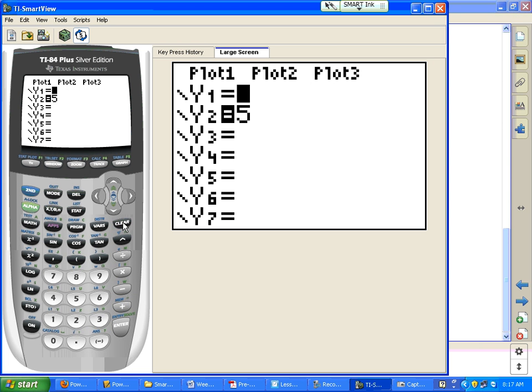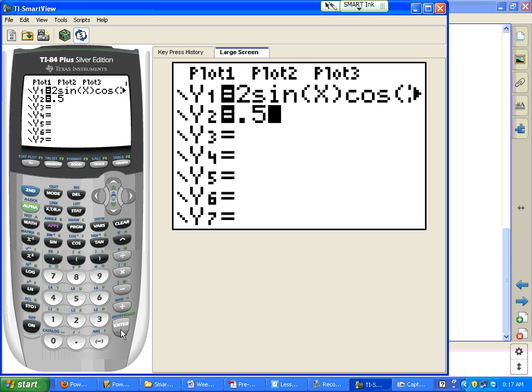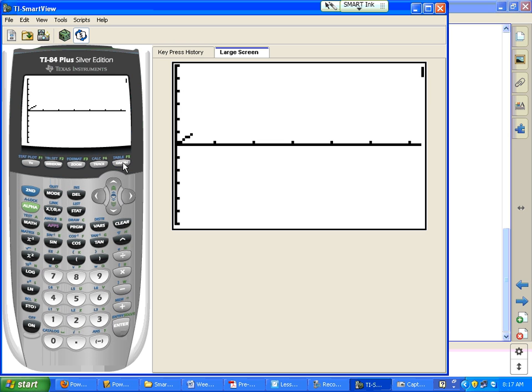Y equals 2 sine of x cosine of x and 0.5. How many answers are there? There are 4 answers. Okay. So we have to find all 4 of those answers.